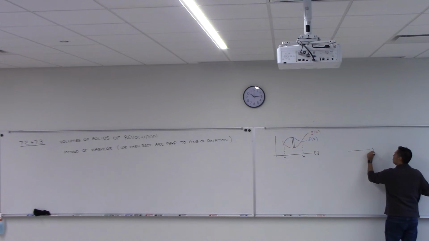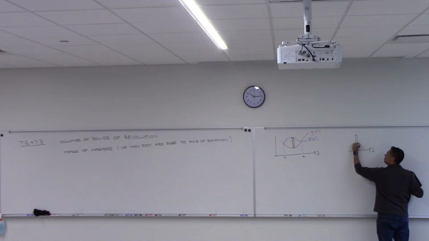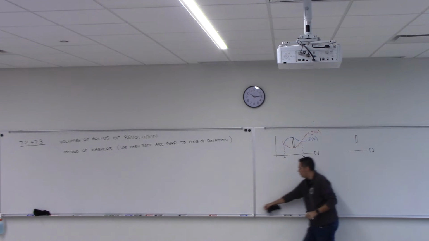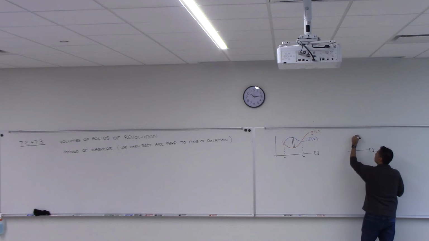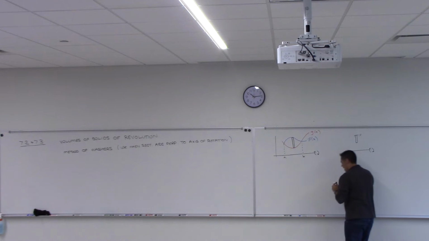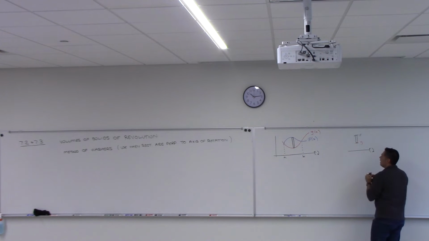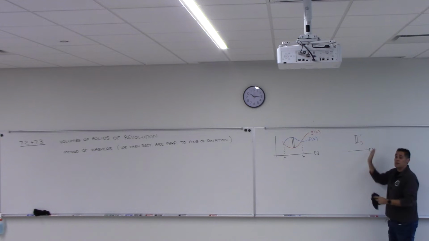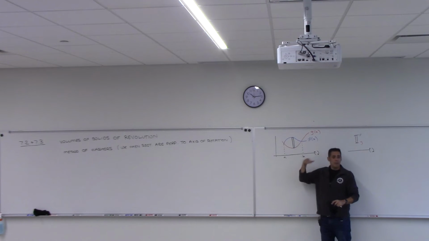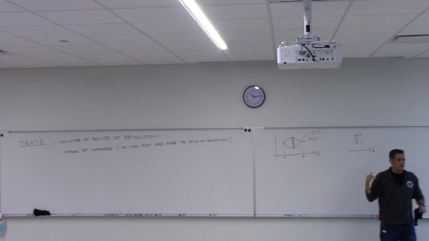I'm going to draw my little rotation. I'm going to draw my rectangle here. I'm going to label the top of the rectangle with the blue. I know you don't have colors, so we can just put F there. And then the bottom of the rectangle would be the G function, right? And that would be no matter where the rectangle is. No matter where it is, it would always be the blue on top, red on the bottom, right?